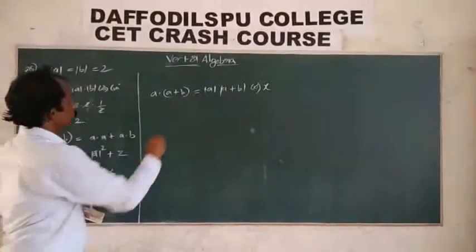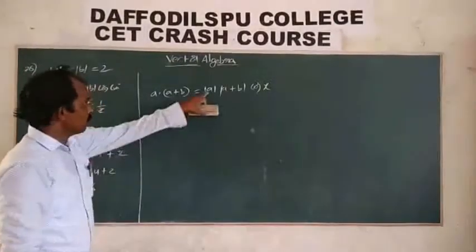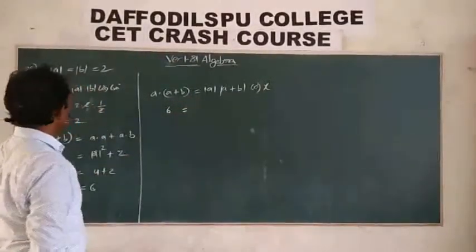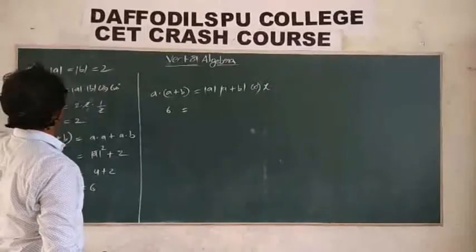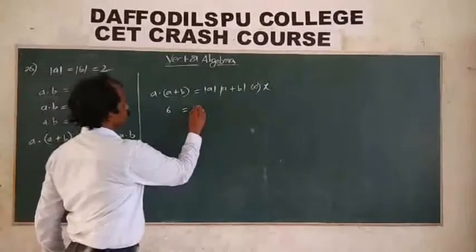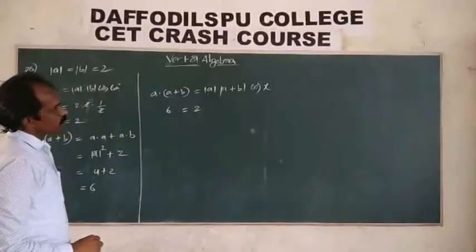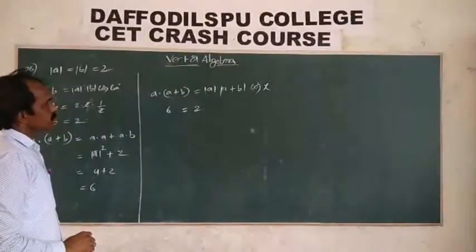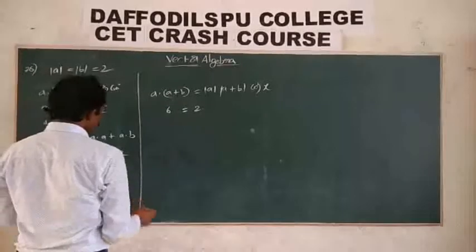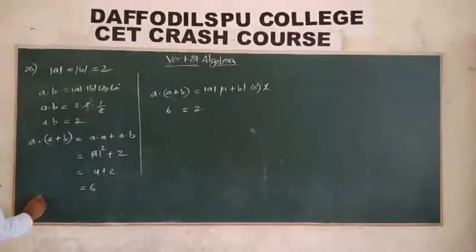This value we got is equal to 6. Mod A value is how much? 2. And modulus of A plus B? We don't know modulus of A plus B.